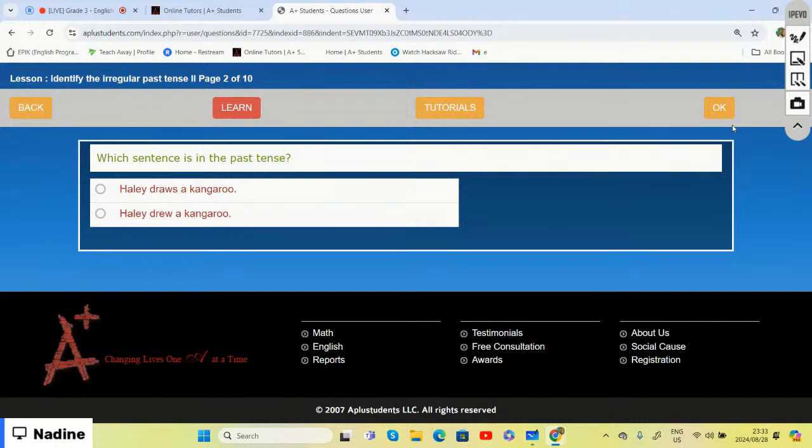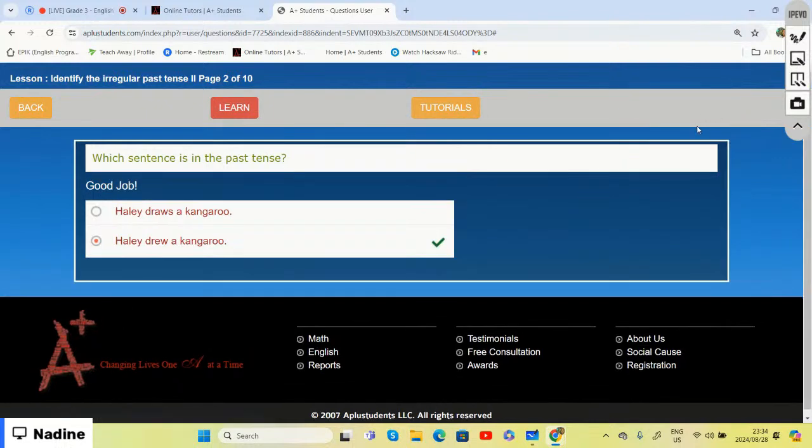Option one or option two? So we say Haley draws a kangaroo, and in the past, we can say Haley drew a kangaroo. And we would say option two is correct.